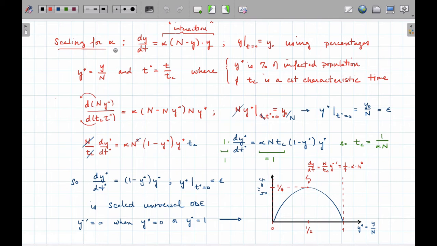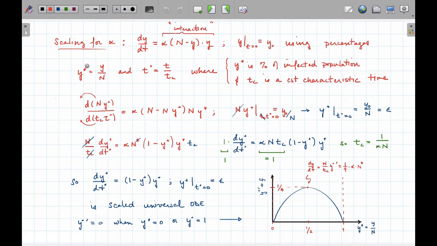When we scale, we're going to scale the two variables, y and t, so that what comes out is ultimately a percentage. If I take y and divide it by the total number of people in the population, I'm going to get the percentage of the population that is infected.